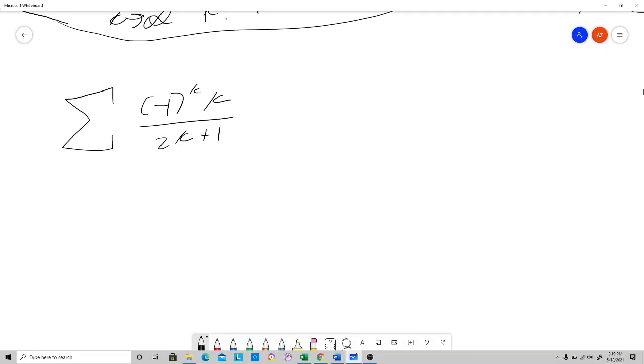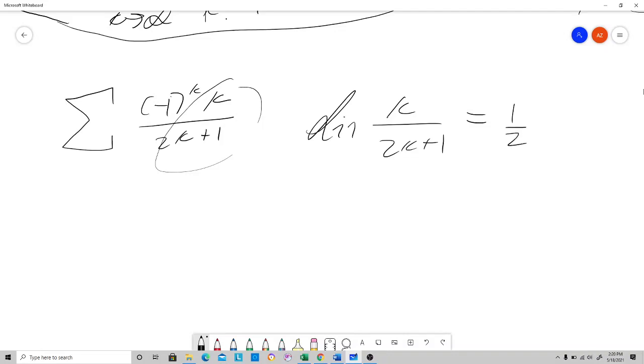But I could say, I'm gonna start with an alternating series test instead of an absolute convergence test, because if I take the limit of a sub k, which I need to do for the alternating series test, I'm actually going to get 1/2. And in a way, this is exactly doing the same thing as the divergence test.